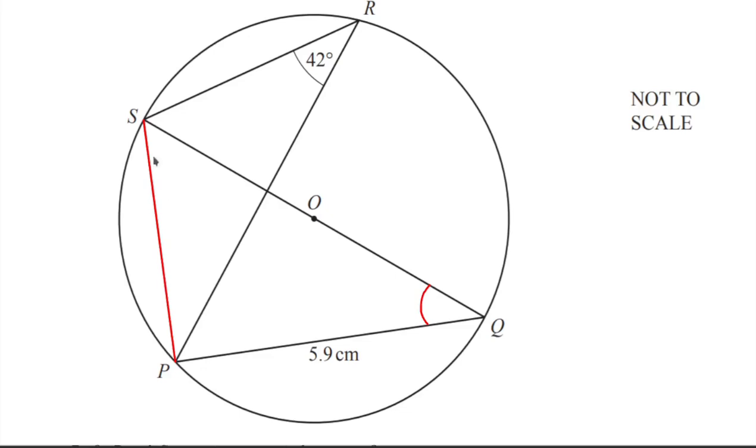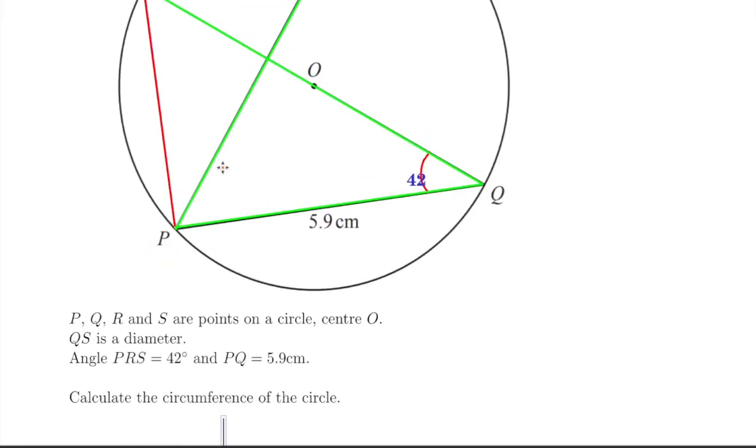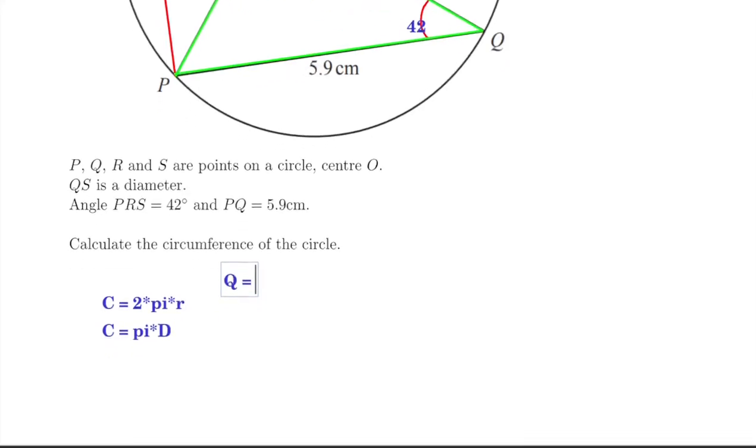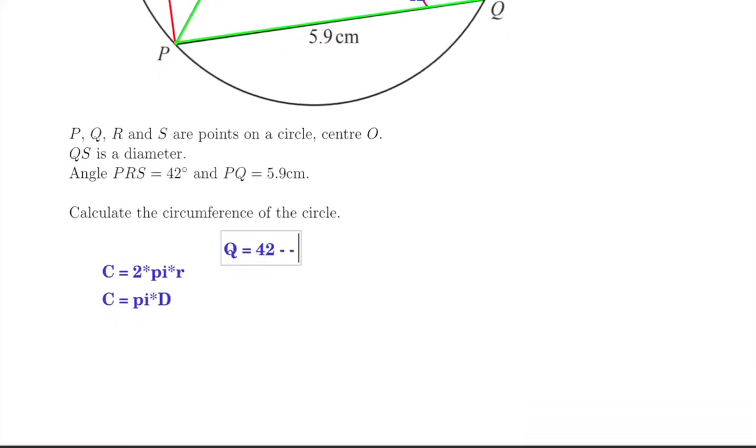This is the same chord as PS. So the angle up there, this one, is equal to this one, which means here I'm having 42. Let's just write it down. So angle Q is equal to 42 degrees. Reason, very important.